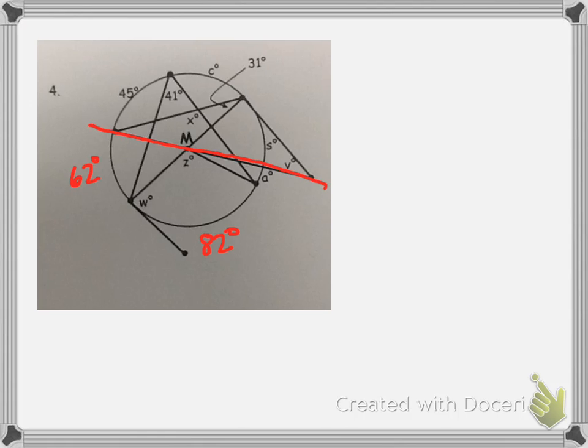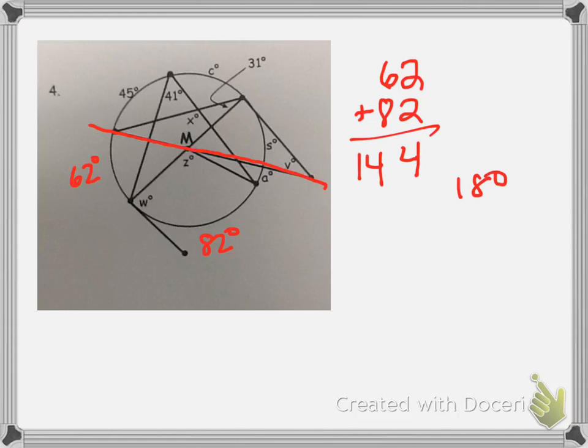So if we know this is 62 and that's 82, so 62 plus 82 is 144. So we want to know the distance, the rest of it. So 180 minus 144 is equal to 36. So that means that A is equal to 36.